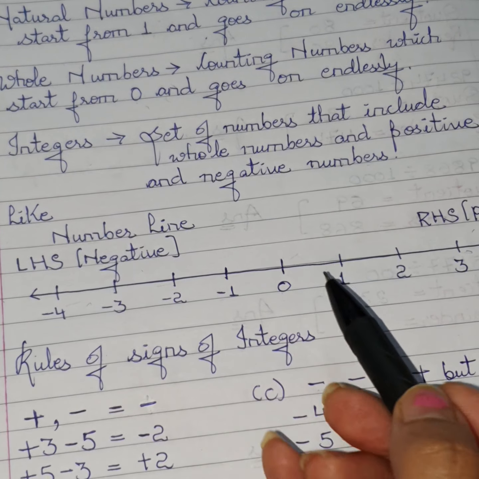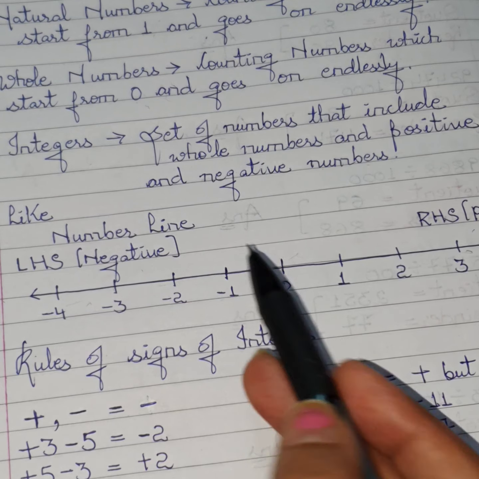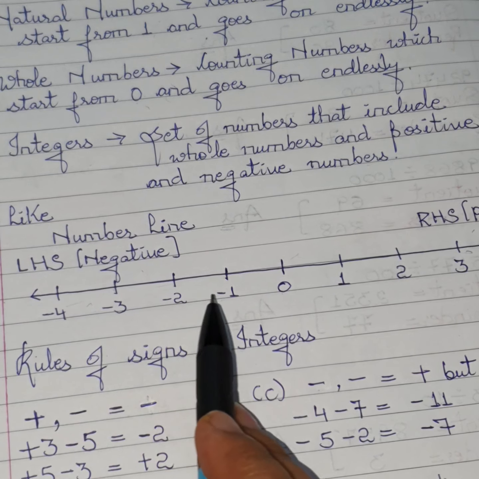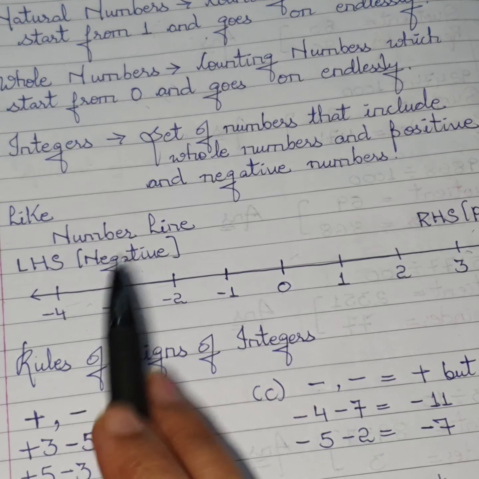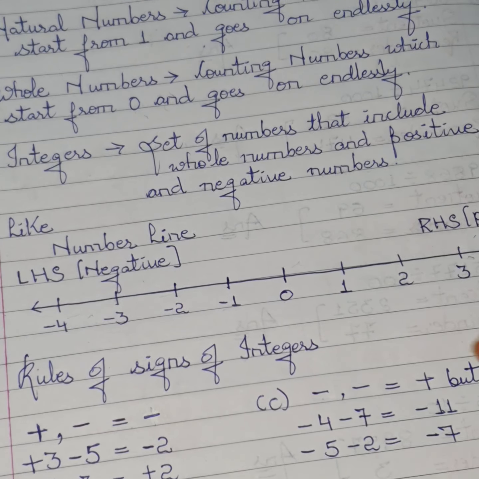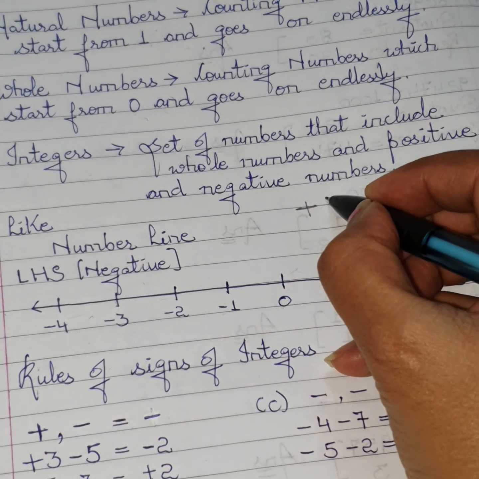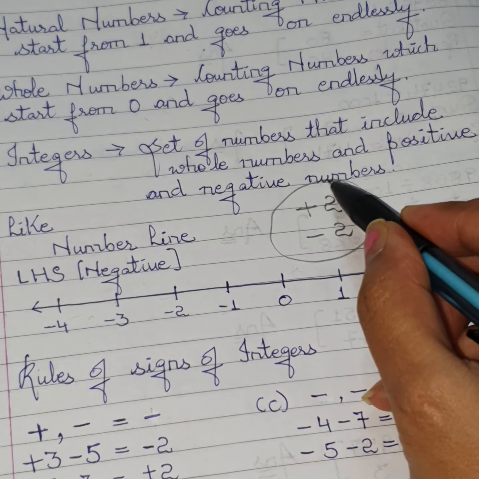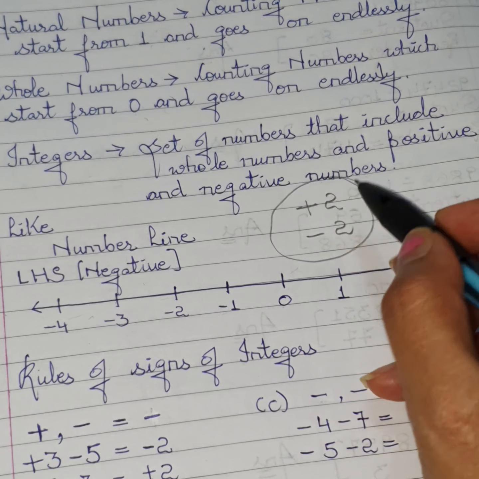Okay students, on the left hand side of 0 come all the negative integers. See, when the normal counting numbers come with a positive or negative sign, then they are called integers.